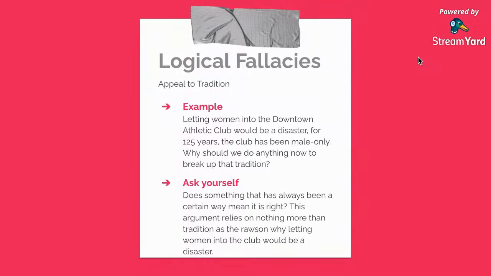And also, the argument here relies on nothing more than tradition as the reason why women can't go to the club. The tradition is the only reason they say it would be a disaster if women went. So there actually is no evidence. It's just a whole bunch of rotations around the moon, basically.